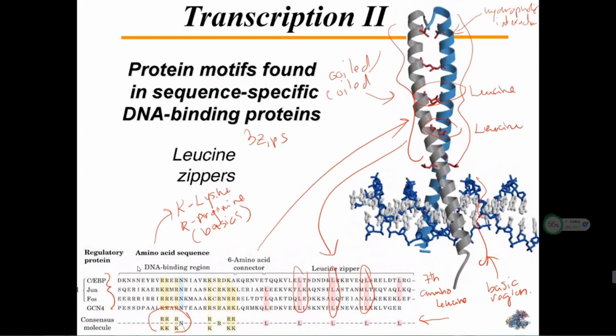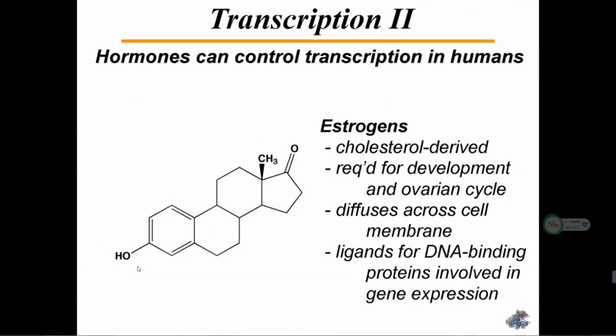All right, so now let's look at an example of eukaryotic gene regulation, and we're going to focus on hormonal control, as there are classic examples of how hormones can regulate transcription in us particularly. We'll look at an example using the estrogens. If you remember back from 210, estrogens are hormones that are cholesterol derived.